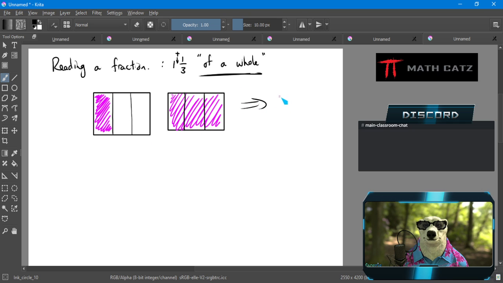I have 4 thirds. So these two are equivalent. I have the mixed number and the improper fraction, where the numerator is more than the denominator, then I actually have more than just a portion of a rectangle. I have a whole and a bit more.